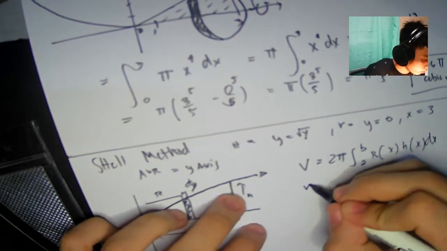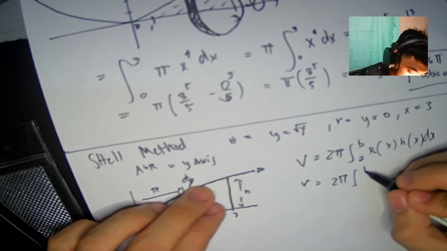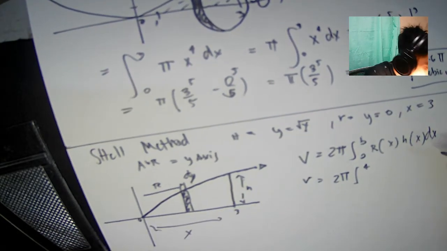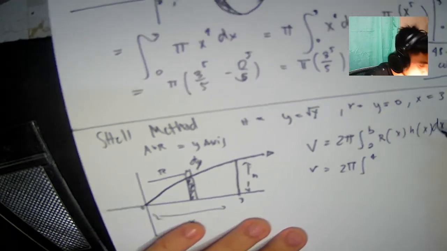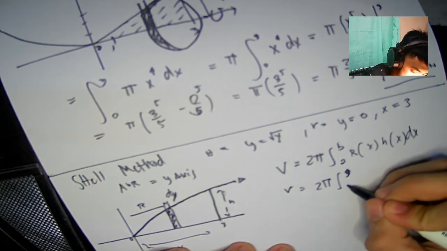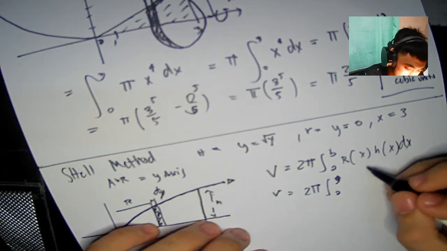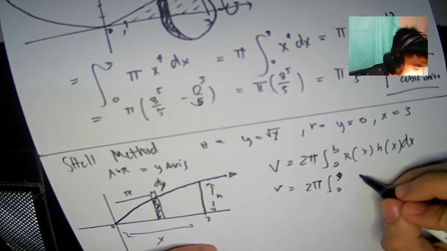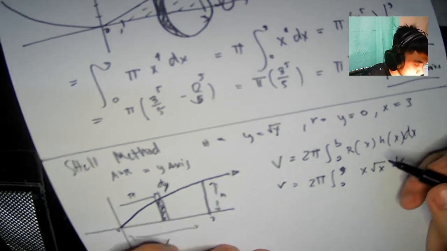So V equals 2 pi, with the range of 3 and 0, of r of x, which is x, times the square root of x dx.